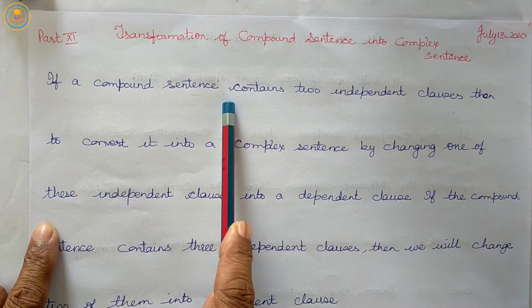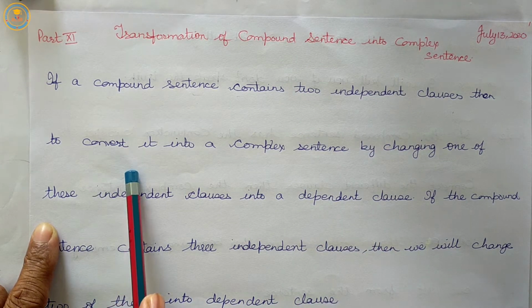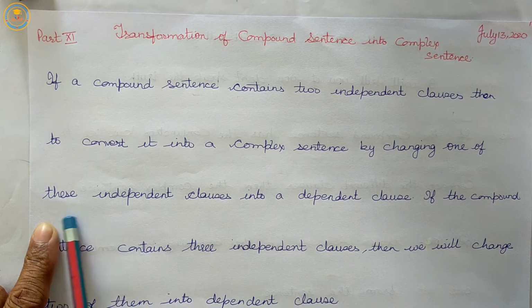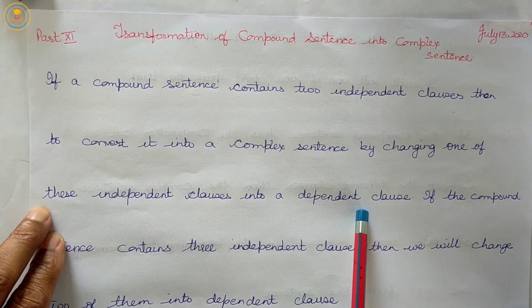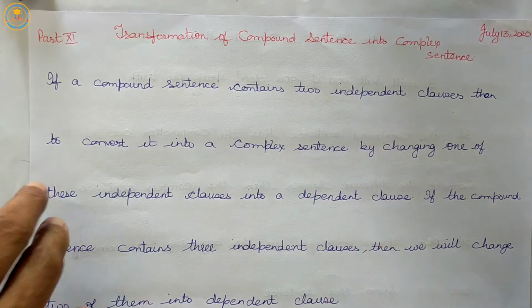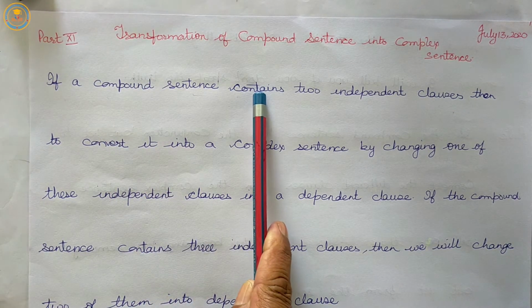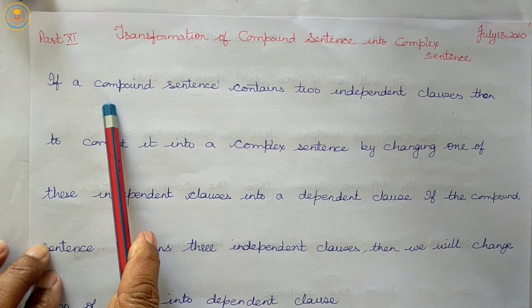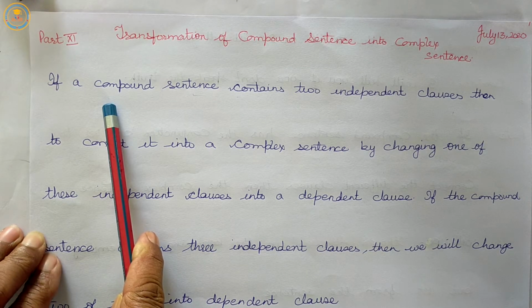A compound sentence has at least two independent clauses which can be used as separate sentences and are connected with coordinating conjunctions.